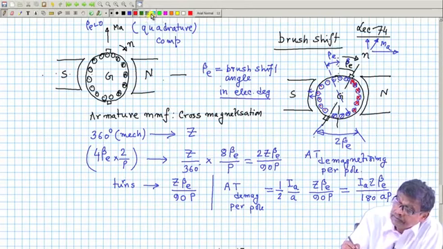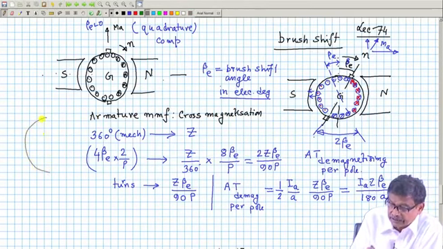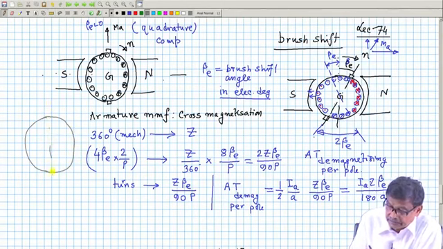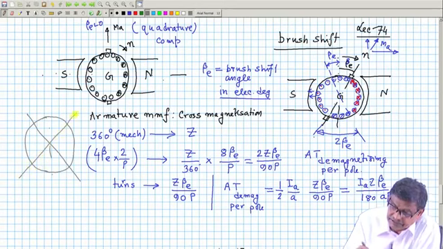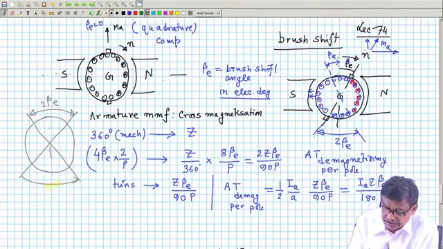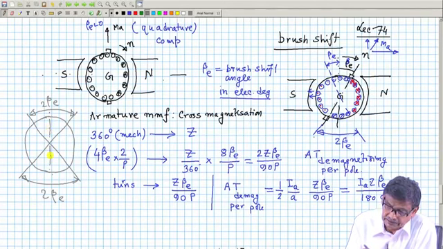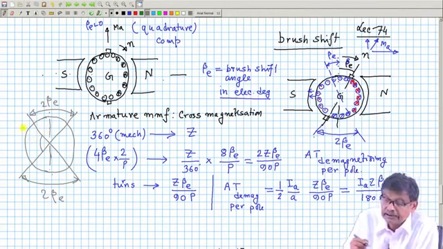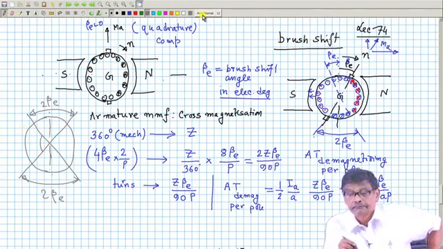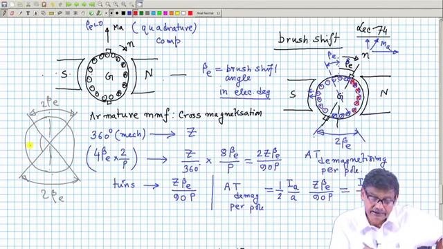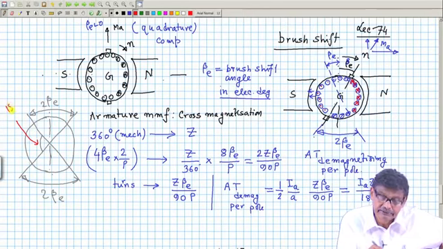What I am trying to tell is, suppose this is some circle here, and we have this sort of thing, this is 2 beta E electrical degree, this is also 2 beta E. This is beta E, this is beta E. So, this angle is 180 minus 2 beta E, all angles electrical.